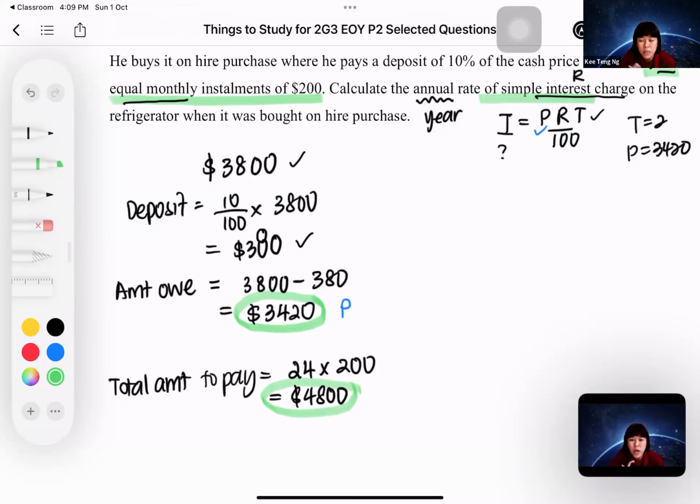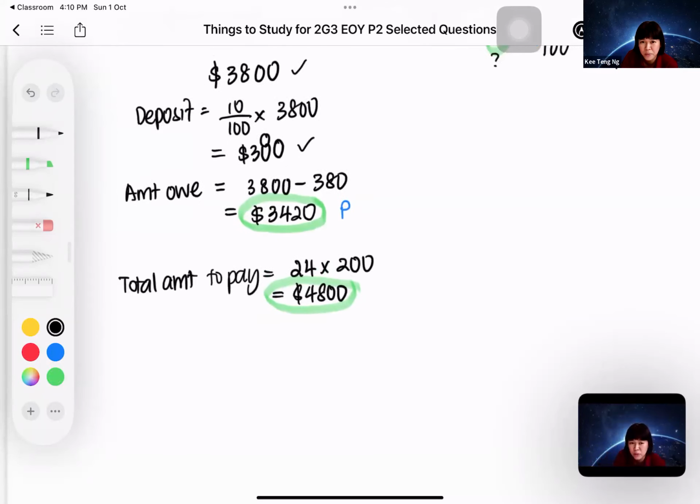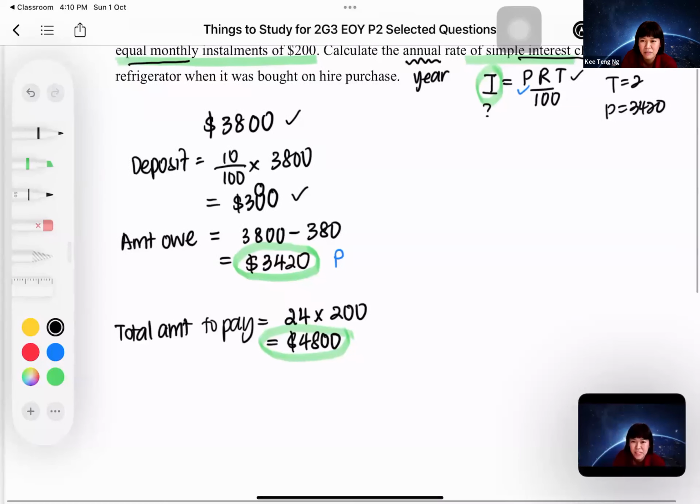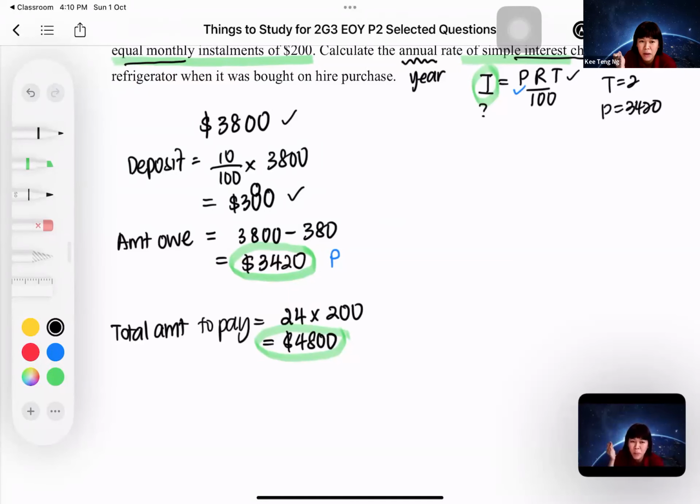Can you tell me how I'm going to find the interest? I owe 3,420. At the end of the day, I paid 4,800. What is the amount for the interest? If you're too shy, you can type it out to me. This is the amount I need to pay, but at the end of the day, I pay extra money. So what is the interest? Really, nobody answers me? Hello?